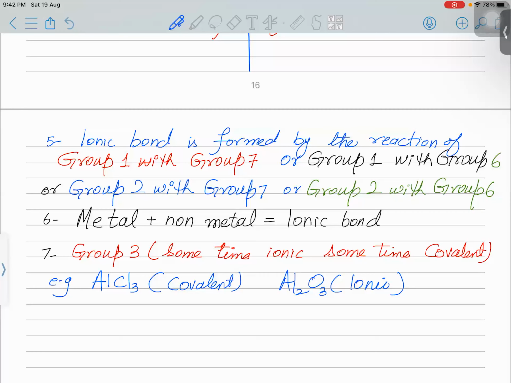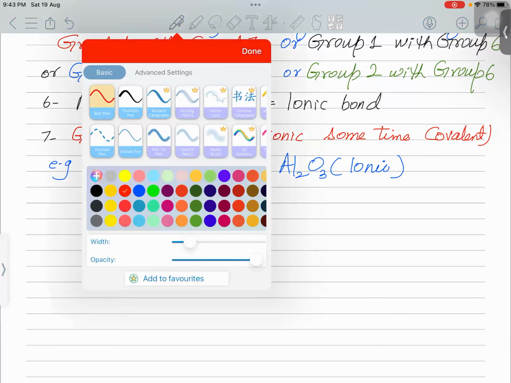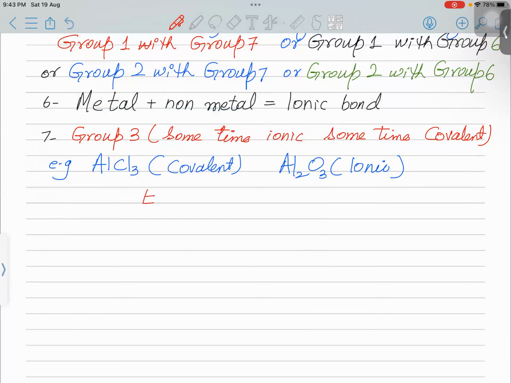Next is example, right? Yes, sir. This example is called dot and cross diagram.